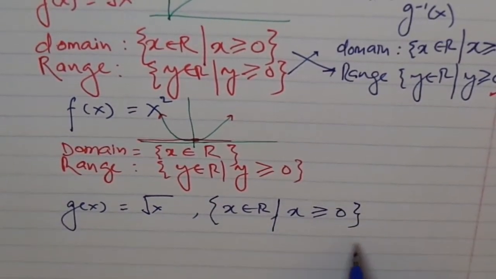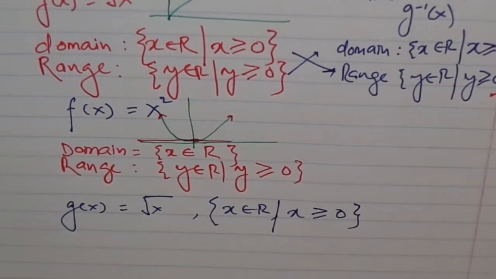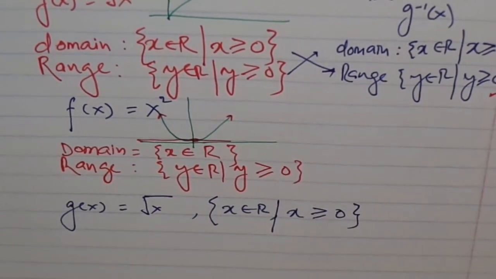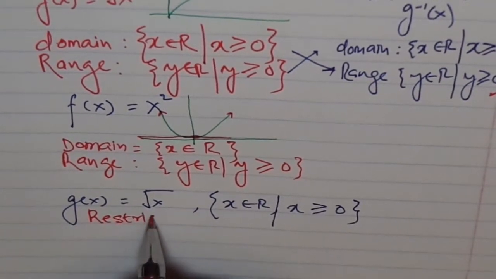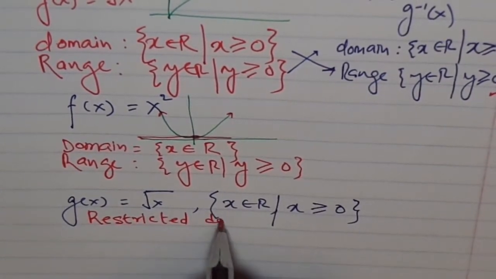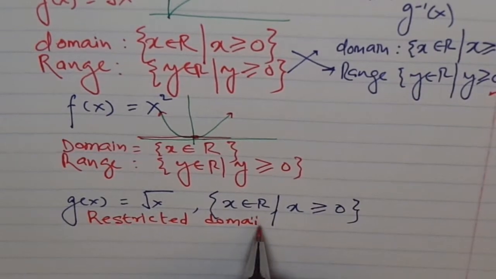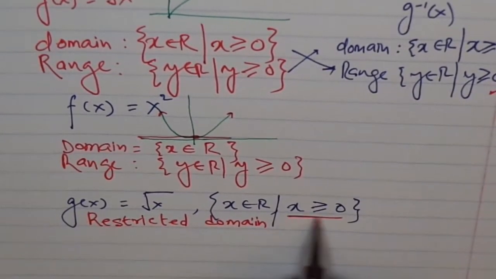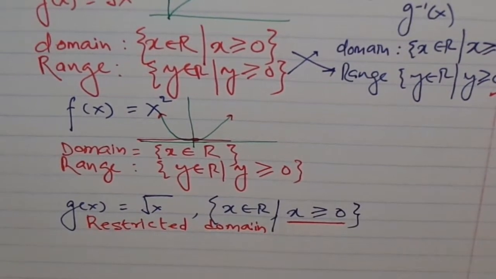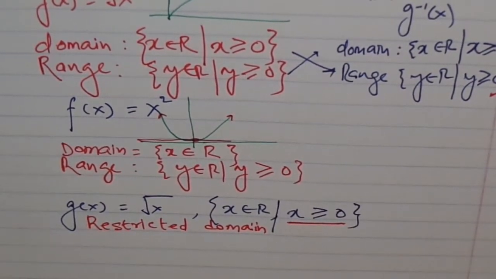So we have restricted the domain, do you see that? This is the restricted domain, x is greater than or equal to 0. If we work out the inverse of this function, then x squared becomes the inverse of this function. Do you see that? Only for the restricted domain.